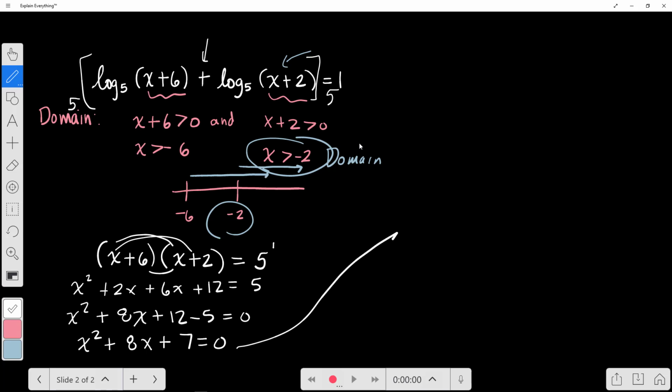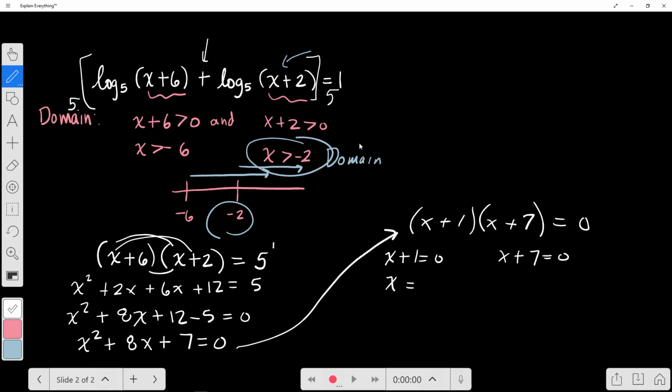Now we can see, if you remember that algebra stuff of factoring, I know that's x and x. The only way to get 7 is 1 times 7, and everything is positive. So setting both of these factors equal to 0, x plus 1 equals 0 and x plus 7 equals 0.